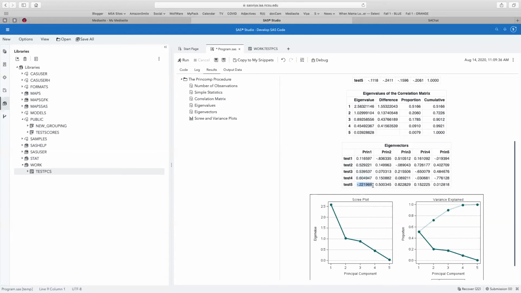Now, granted, I would also be subtracting some of test 5 and adding a little bit of test 1, but the main driver of that score along principal component 1 are those middle 3 tests. So someone who performed very well on those 3 tests is going to have a high score for principal component 1. This is something that we can verify in the data.